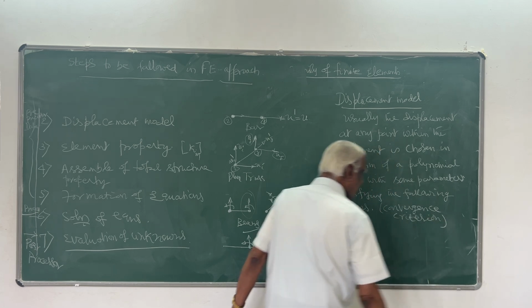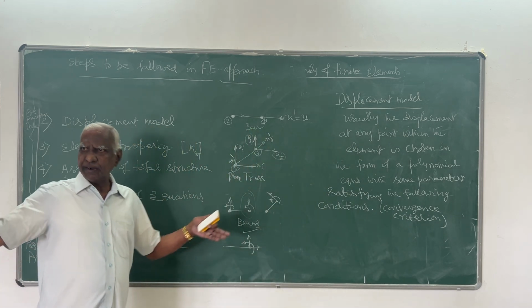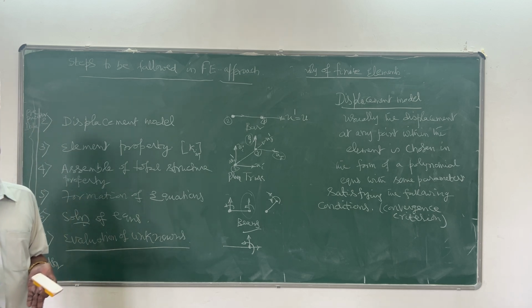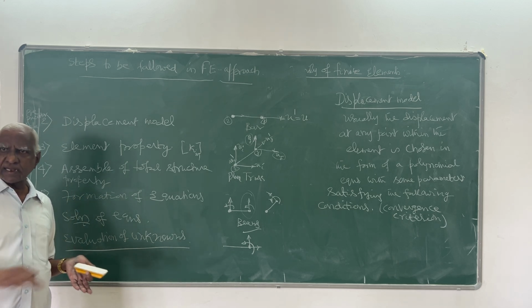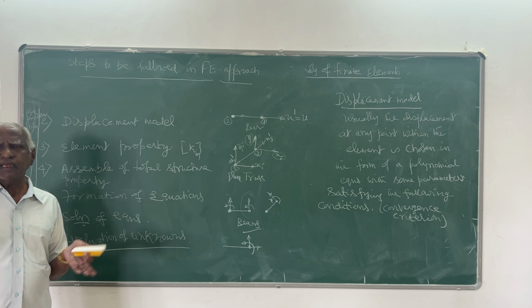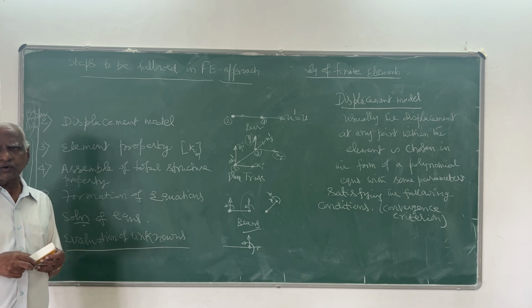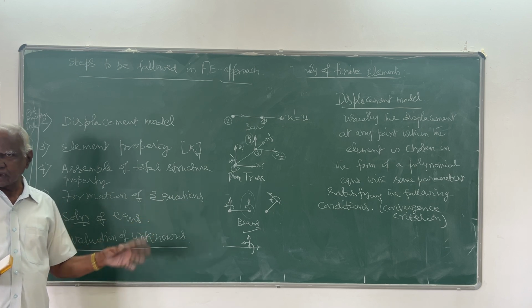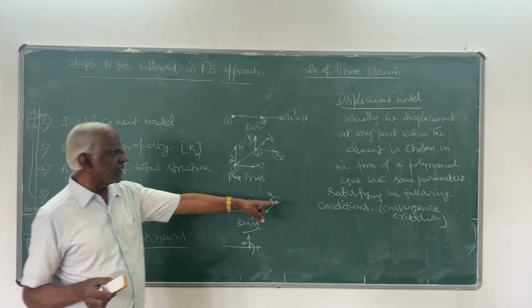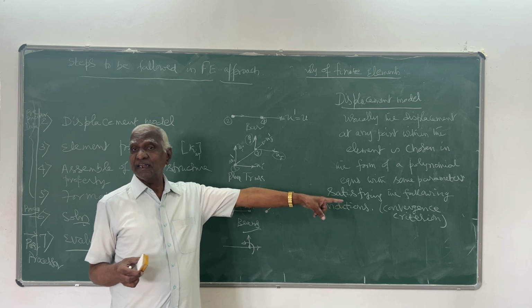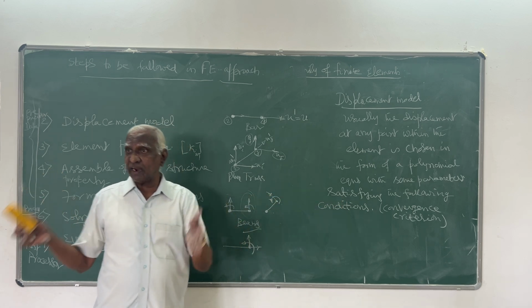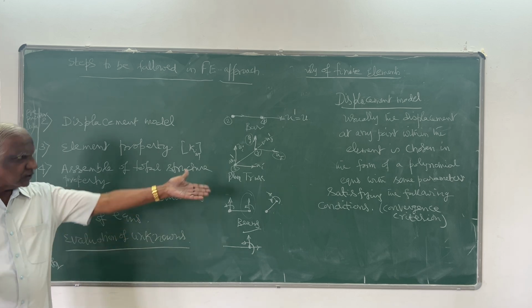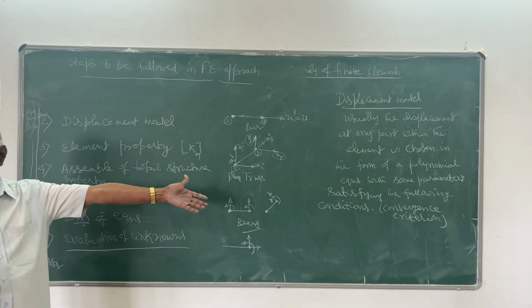But in the previous class, I told you this is basically an approximate method of analysis. Finally, the result has to converge to the exact value. So to achieve that, certain conditions have to be satisfied. That is why it is called the convergence criterion. So as to arrive at the exact solution, that is, the displacement itself, which is unknown.